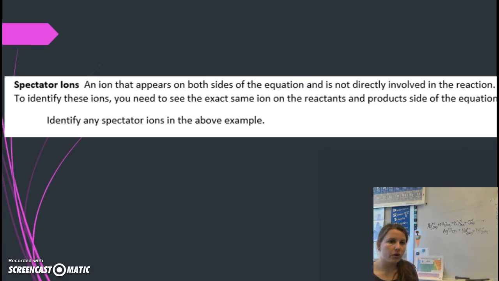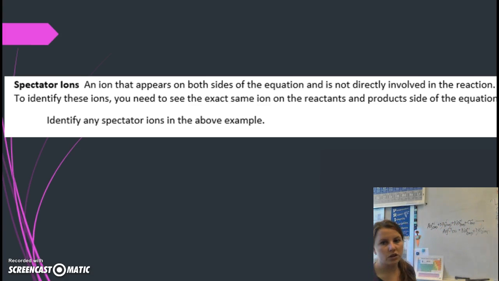So we're going to identify any spectator ions in the example we just worked through. The solid has to stay alone. It's not even an ion, so you can't touch that. The next thing you want to do is look for ions that appear on both sides of the equation. For example, reading across, silver I can't cross out because that's in this solid. Next I get to nitrate. Nitrate appears here as an ion as well, so I can go ahead and cross those out.